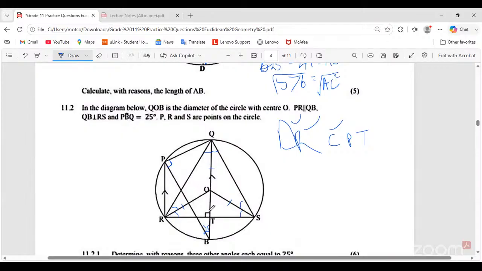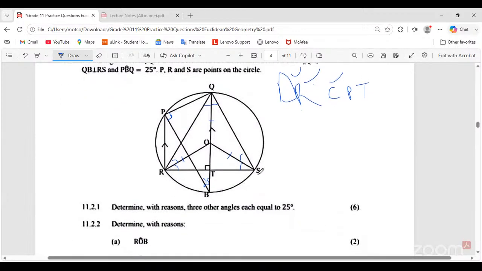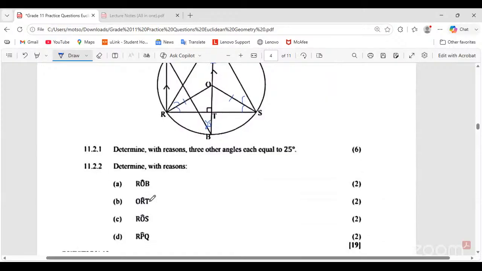Okay, since these lines are parallel, they form a U. This angle and this angle are supplementary co-interior angles, and also this and that are supplementary co-interior angles as well. Okay, we are done with parallel lines. The tangent, we don't have a tangent here. Now, let's quickly jump into the questions and see what we can have.